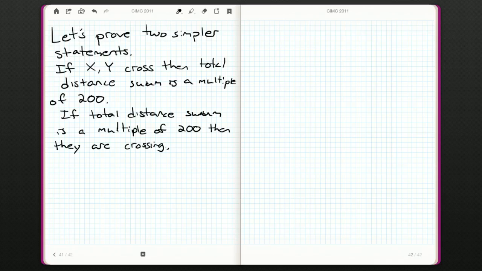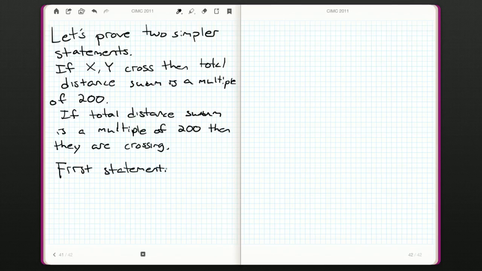If x and y cross, then the total distance swum is a multiple of 200. So, first statement. What does it mean to cross?